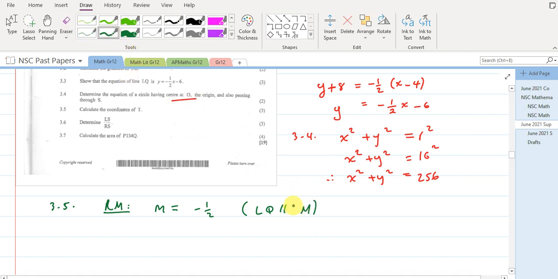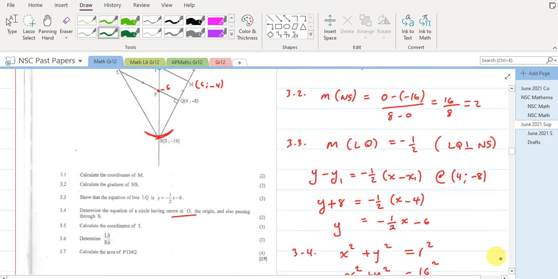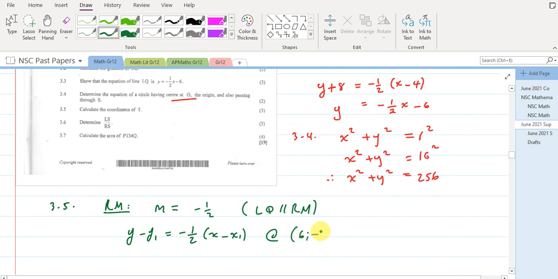Yes, should be RM. So now we have y minus y1 is equal to minus half into x minus x1, at the point that lies on M, which is 6 and minus 4. So at 6 and minus 4, minus 4 is a y value, so it becomes plus 4. Y plus 4 is equal to minus half into x minus 6.